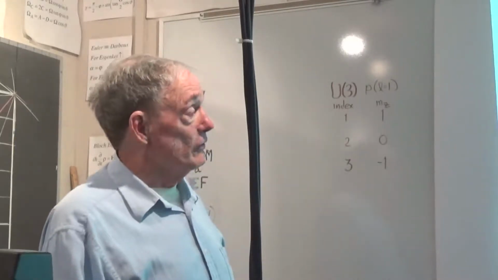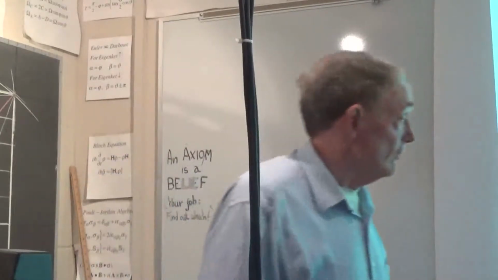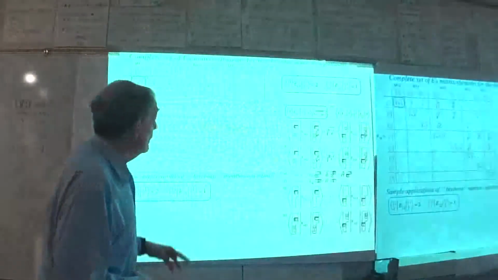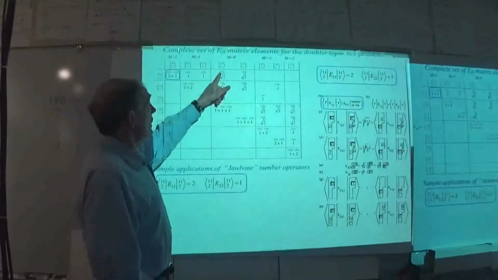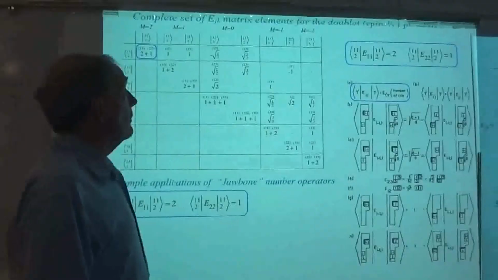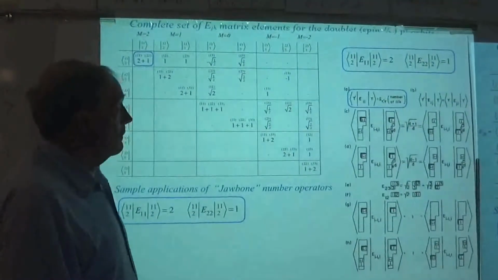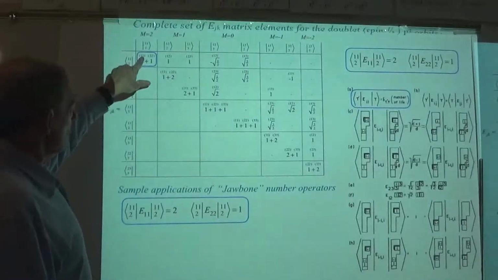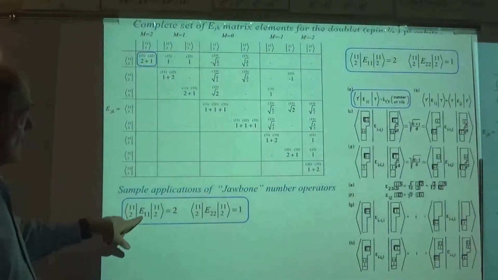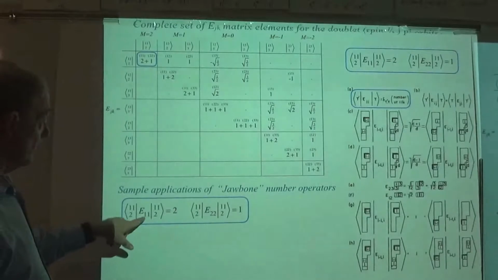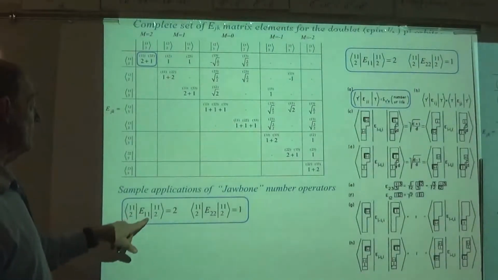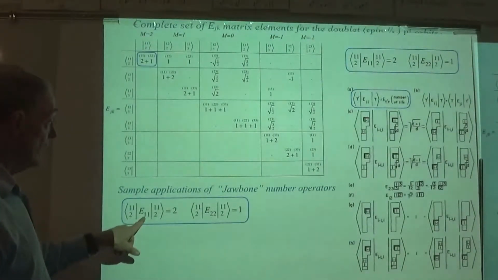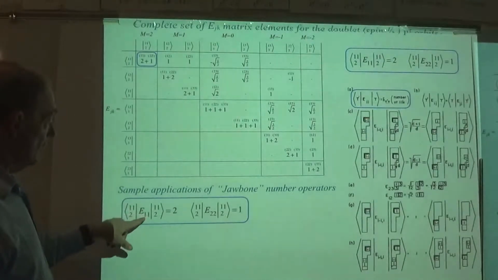So what is happening here is that each of these numbers in parentheses refers to an operator, such as the very first one here, which is 1, 1. That's the number operator, because the number stays the same. Basically, destroy a 1, create a 1. That's the process of counting.